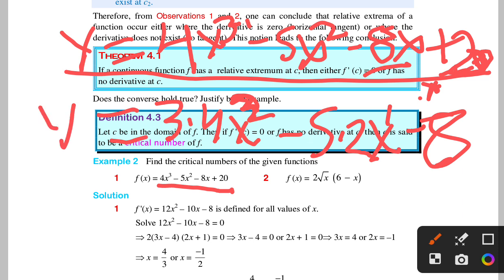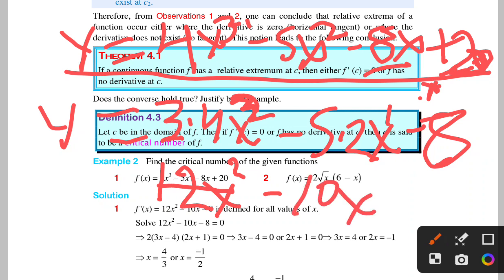When we multiply 3 with 4 we get 12, so 12x squared. Minus, when we multiply 5 with 2 we get 10x, minus 8.